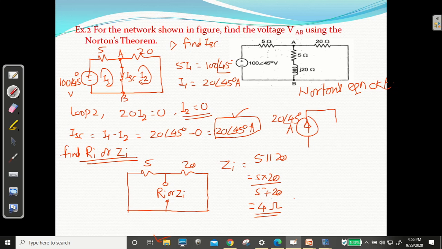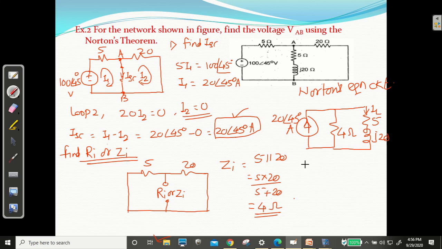RI in parallel, RI is 4 ohm, ZI or RI, okay, and ZL where the current is asked is 5 plus J20. This is called Norton's equivalent circuit, right?